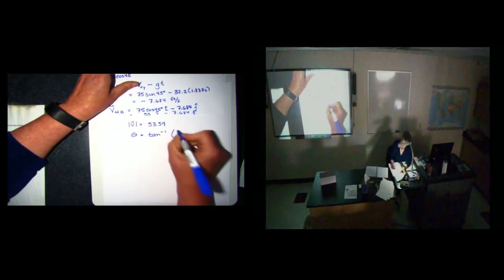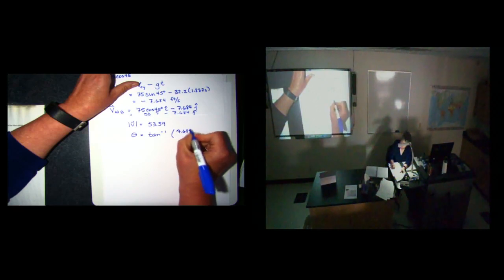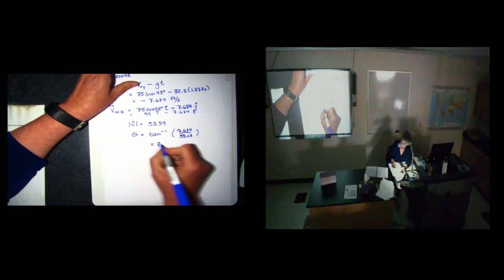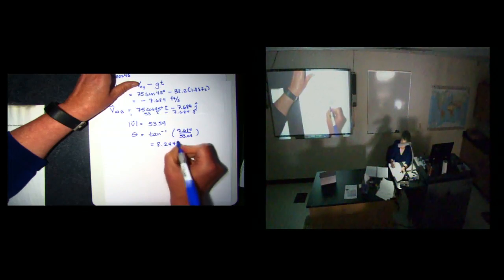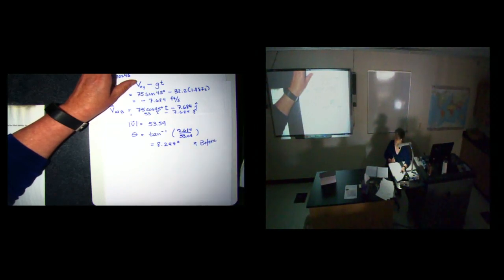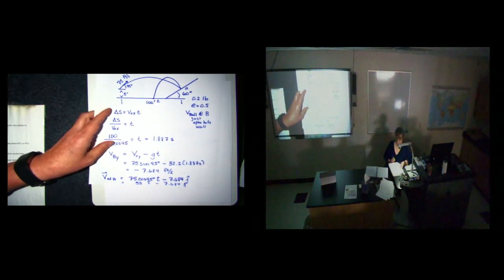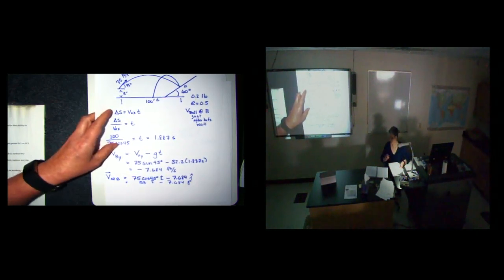So what happens now is I'm going to have the velocity of the ball in the x direction. If I have it bounce up like this, we don't necessarily know what that angle is, because it's going to bounce off the wall. We don't know what that angle is. So this is the before, and this is going to be the after.